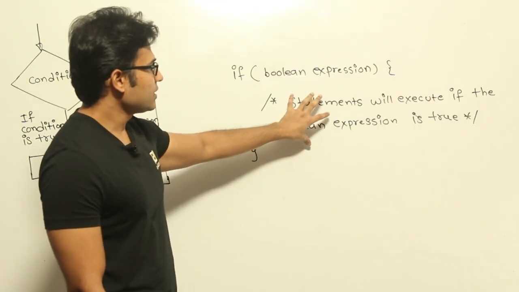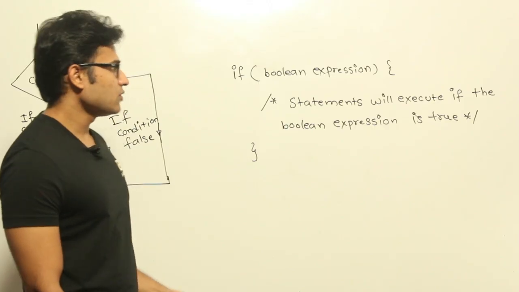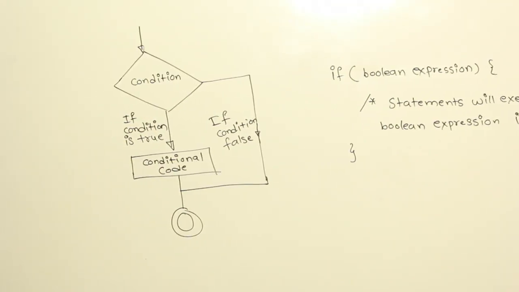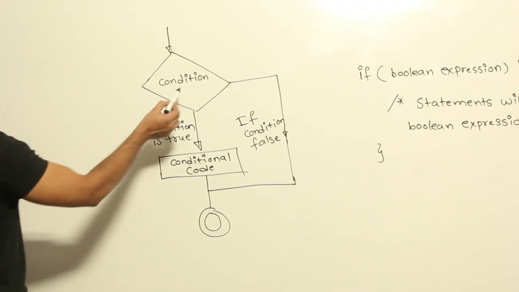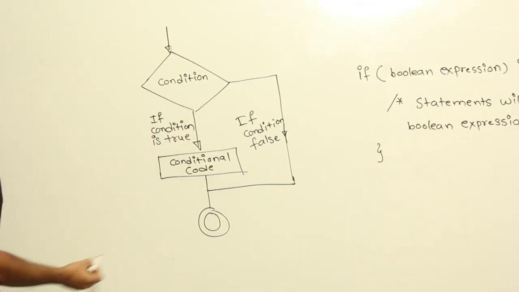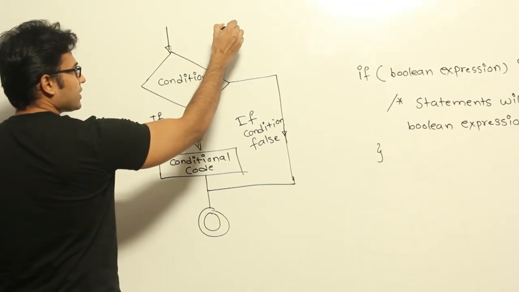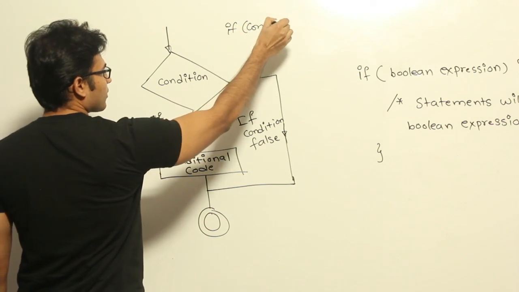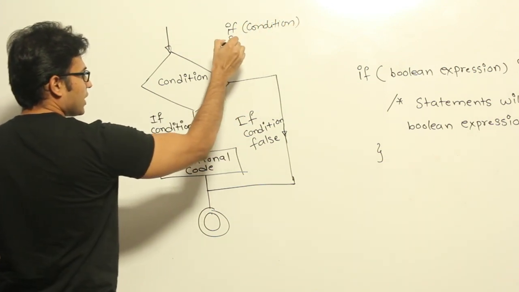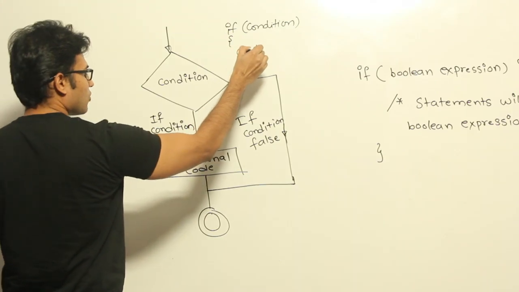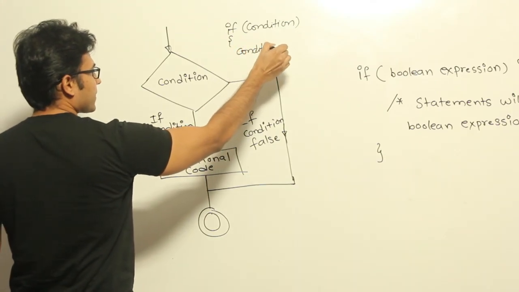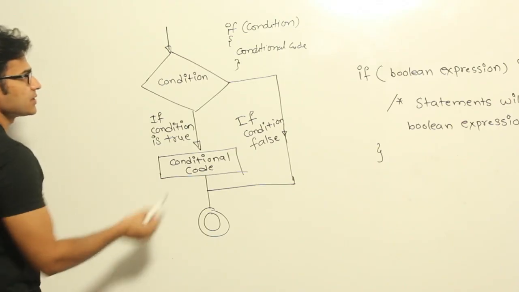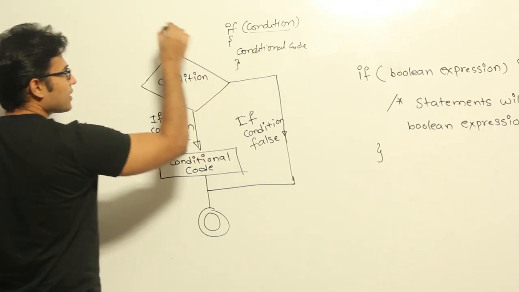Now let's see how the control actually flows in that case. So this is the flow control. If you observe, first we are going to test the condition. Let us say we have some condition, and after the condition we have conditional code. In this case, first we test the condition.